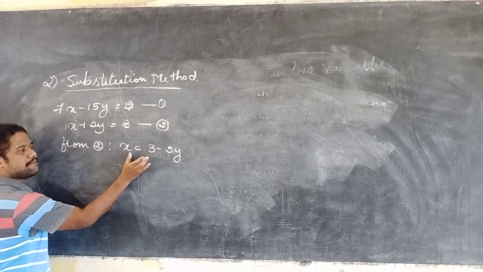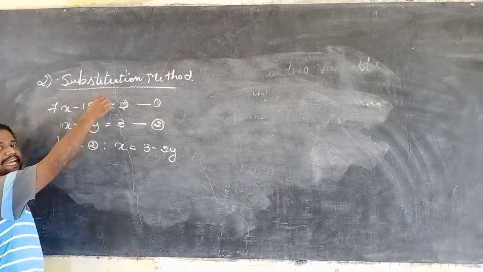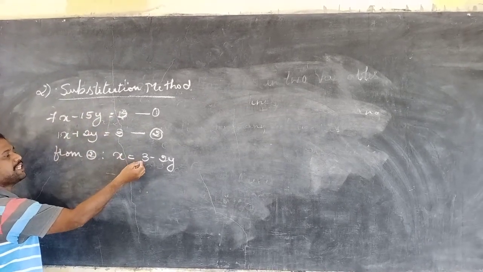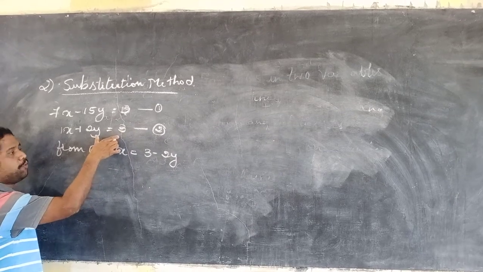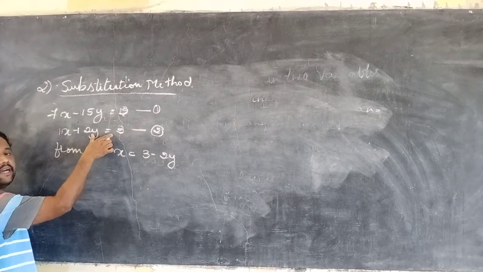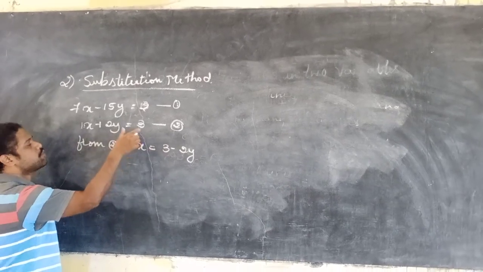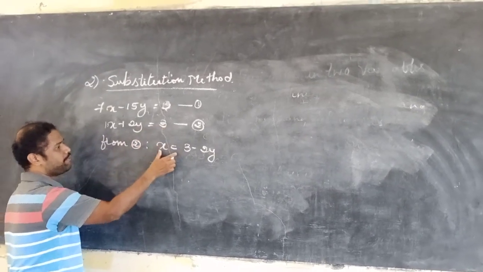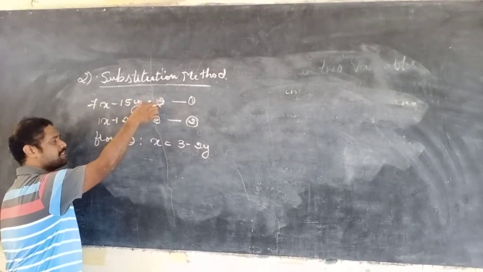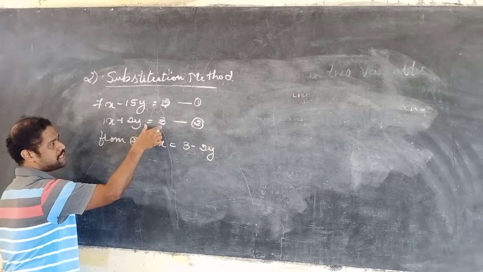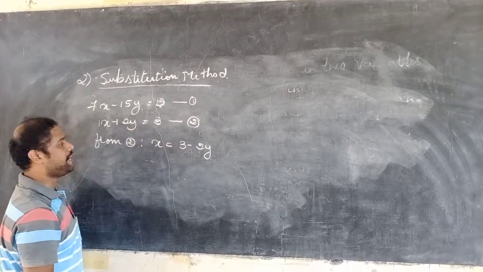Now we are going to substitute this x is equal to 3 minus 2y in equation 1, but we should not substitute it again in equation 2, because it is extracted from equation 2 only. Whenever we extract it from equation 2, we should substitute into equation 1, and when we extract it from equation 1, we should substitute into equation 2.